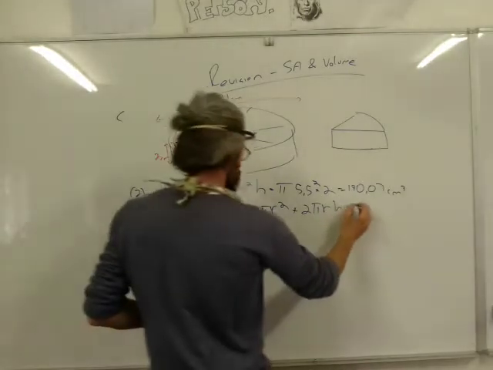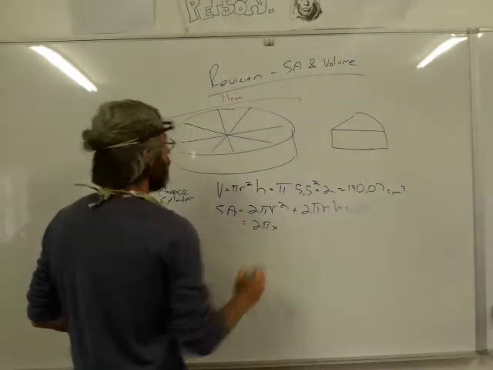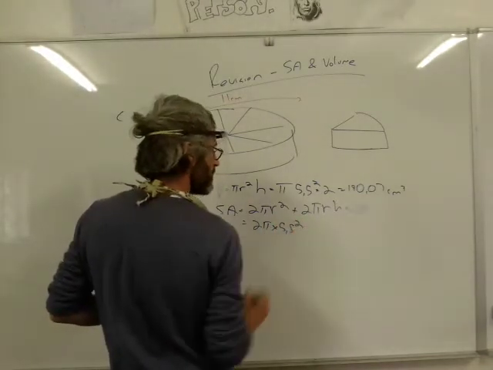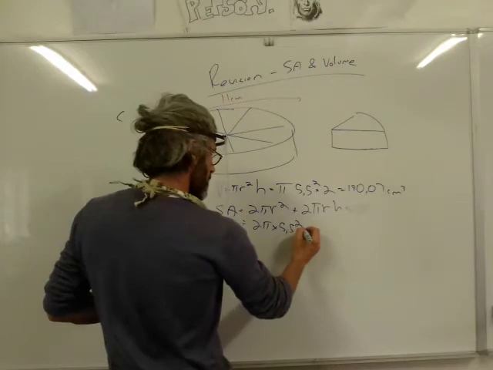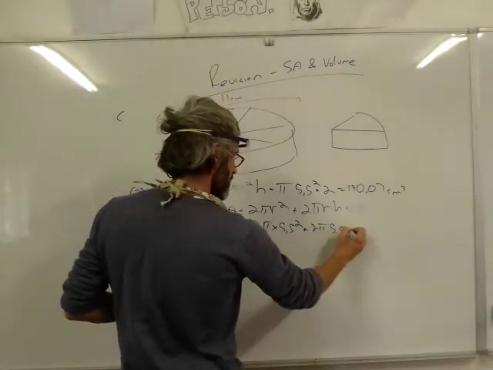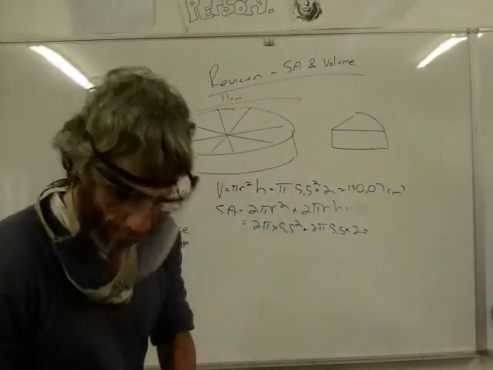So we're going to do 2 times, I'm going to write it down here. It'll be 2 pi times radius squared, which radius we said is 5.5 squared. Okay? Plus 2 pi times 5.5 times h, which we know is 2. Let's feed that into the calculator.